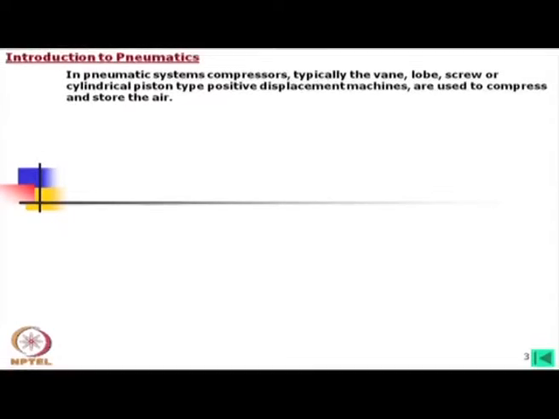Here again I would like to mention that in the case of pneumatics or compressible fluid, the hydrostatic units, that is pump and motor, are in nature positive displacement. This means that their volume displacement ideally will be equal to their geometric displacement. It is not like hydrokinetic machines.